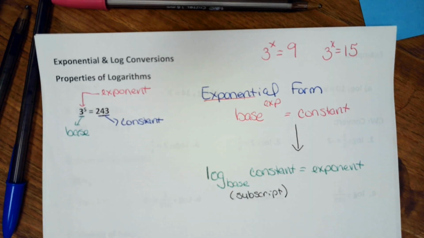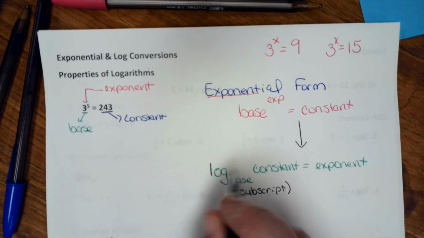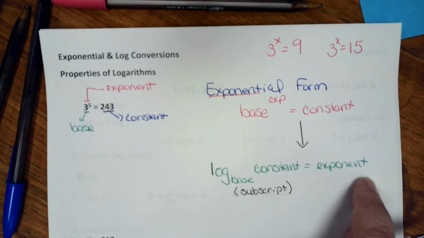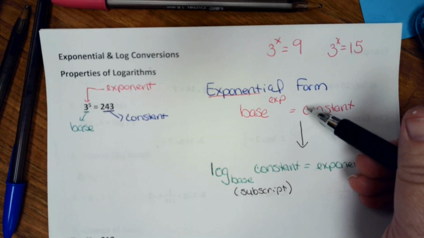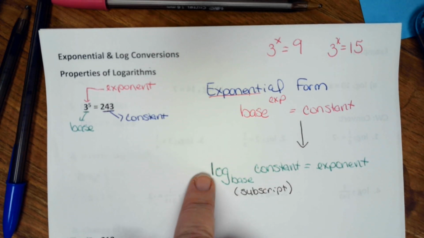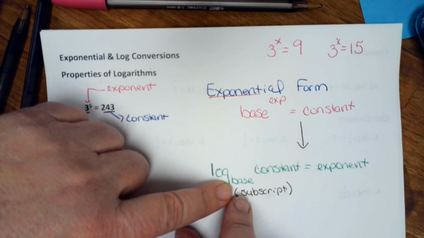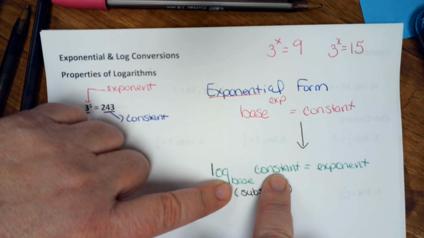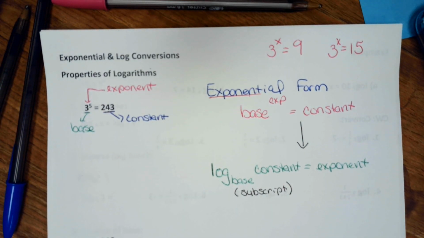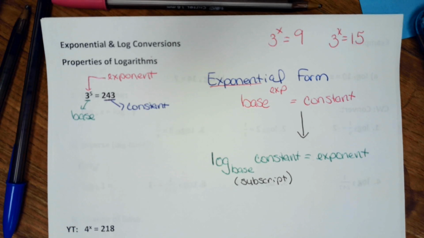And remember, a subscript is simply a term below your normal line. So the way that we read this is log base of your constant equals the exponent. So if you're changing it from an exponential form to a log form, we're going to simply say the log of our base, so the base would go right here, your constant value goes right here, and your exponent goes right here. So I'll give you a chance to copy that down.